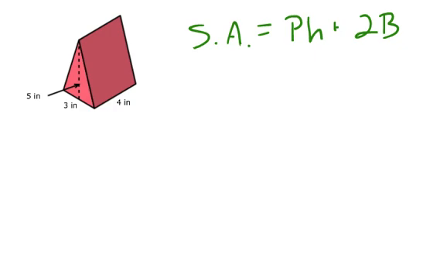We do not have the slant height for this one, so using the formula for this problem will actually be harder because you don't have all of the information. So instead of doing that, we're going to use the net.